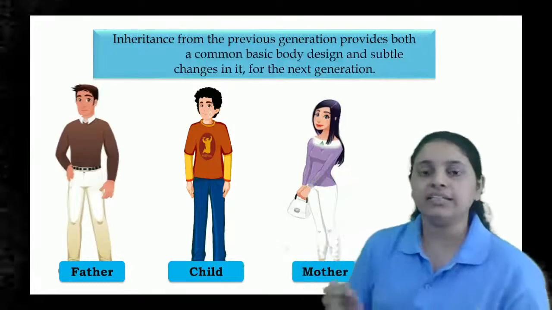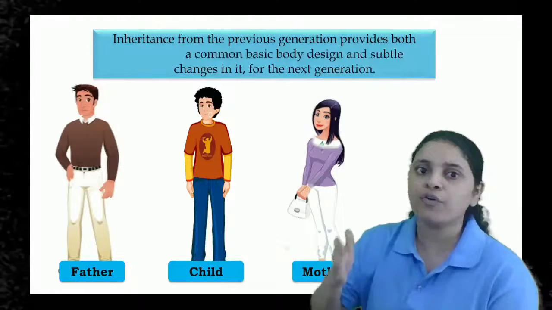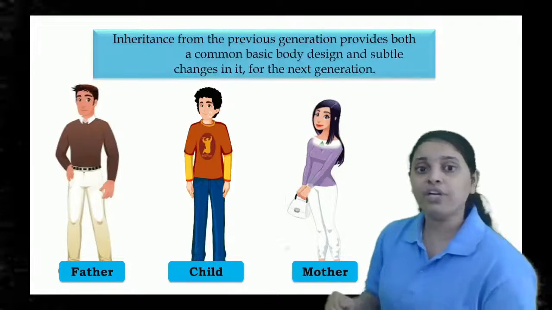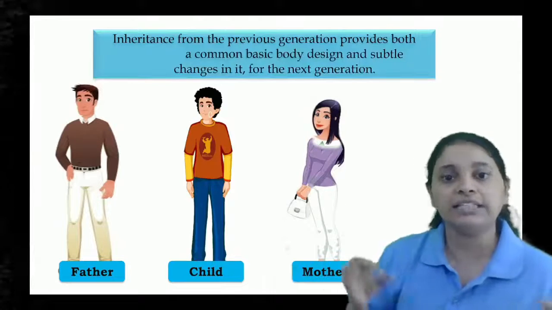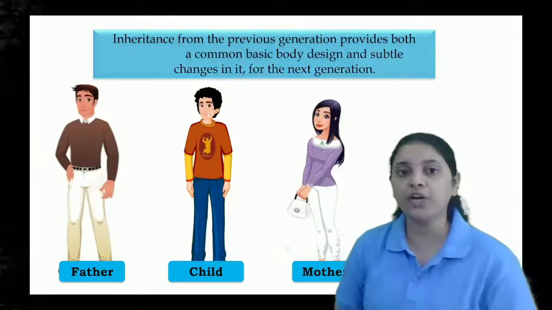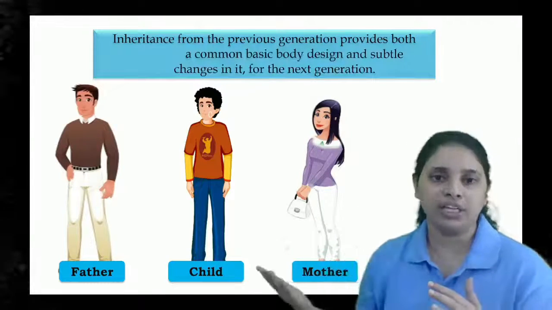Heredity is the transmission of characteristics or genes from one generation to next generation. And now we see one branch of biology or science, that is genetics. Genetics basically deals with the study of heredity, how the traits are transferred, and variations.